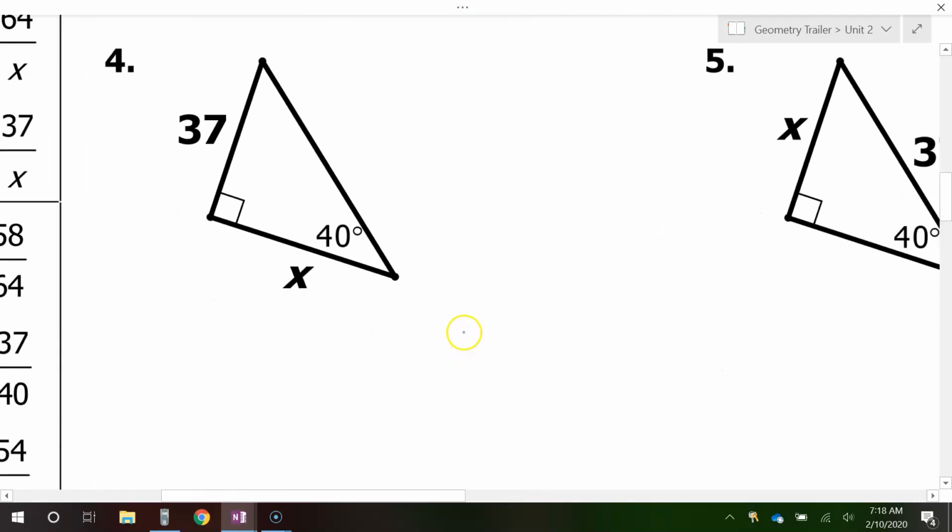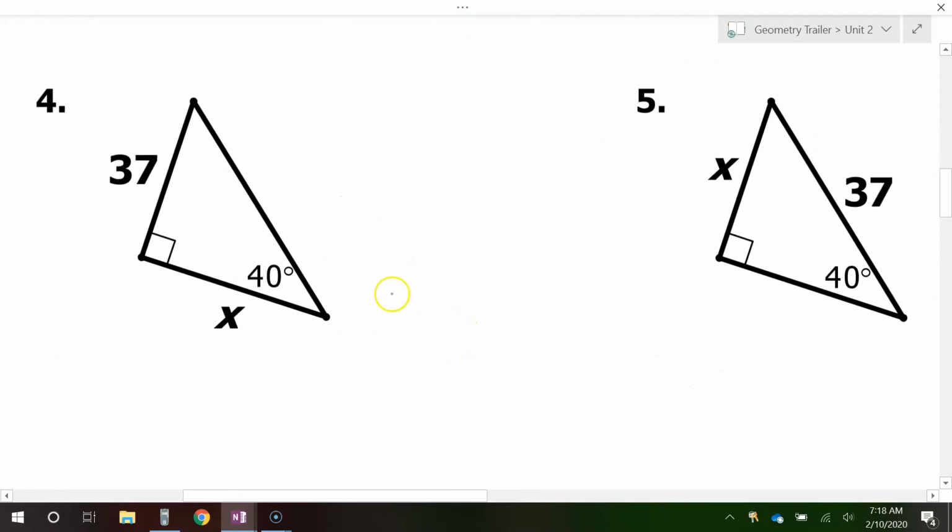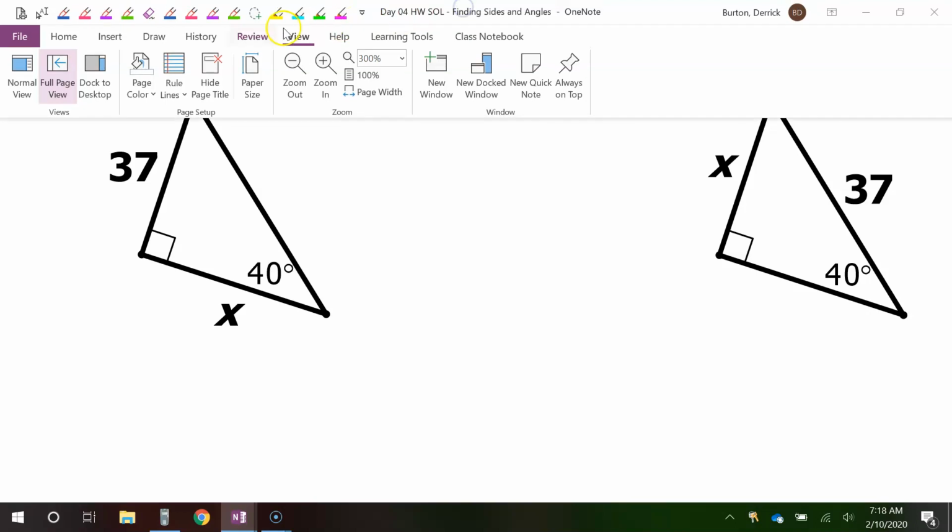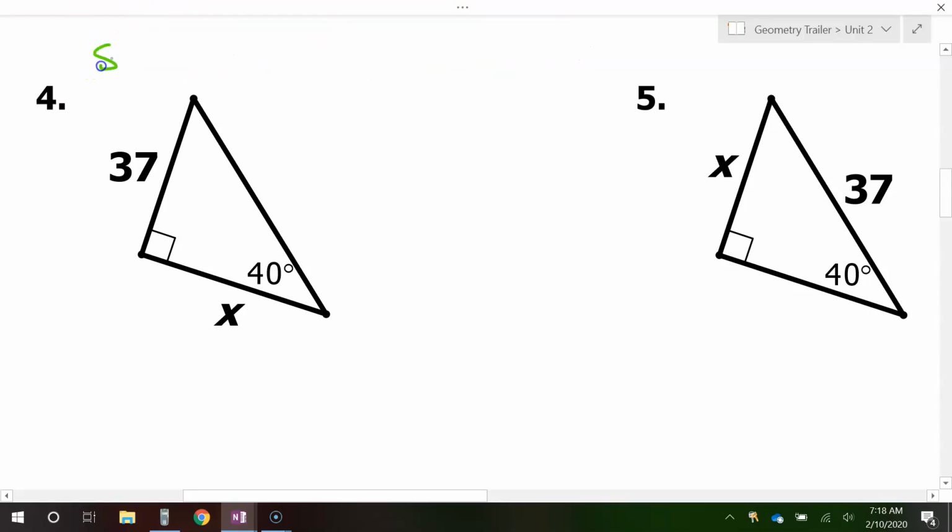All right, let's try number 4. All right, let's get our SOHCAHTOA ready. All right, start with the hypotenuse, which is always across from the 90-degree angle, so that means this is the hypotenuse right here. Next, circle the angle that you are dealing with and draw an arrow going away from it.